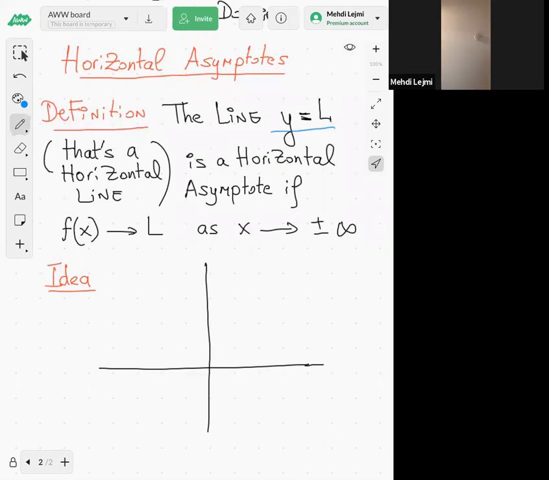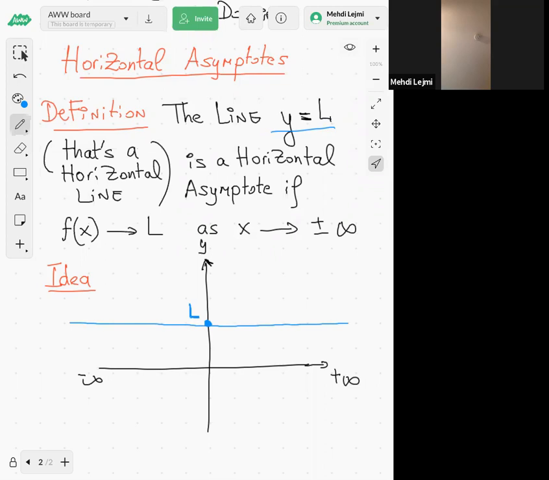This is my y-axis, this is my x-axis, with positive and negative infinity. L is going to be on the y-axis, so here's my L, and y equals L is going to be this line here.